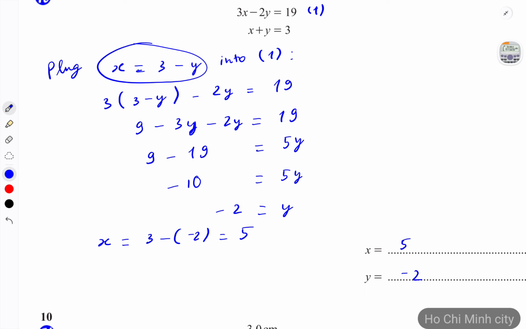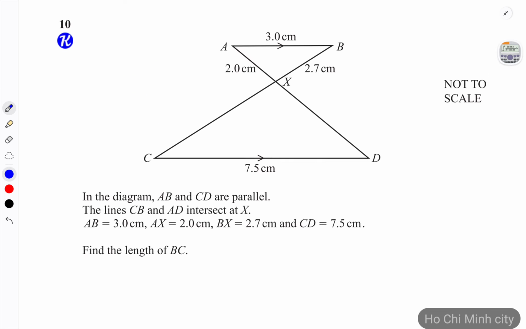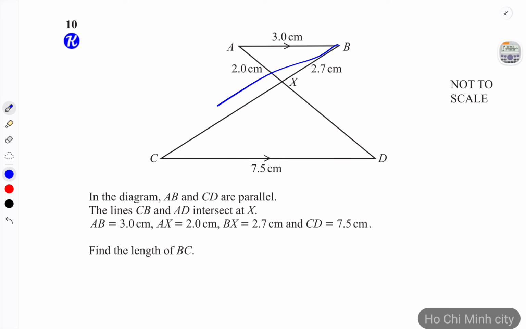And number 10, we have the diagram showing two lines AB and CD parallel, and we have to find out the length of BC. We can easily find out that these two triangles are similar, right?